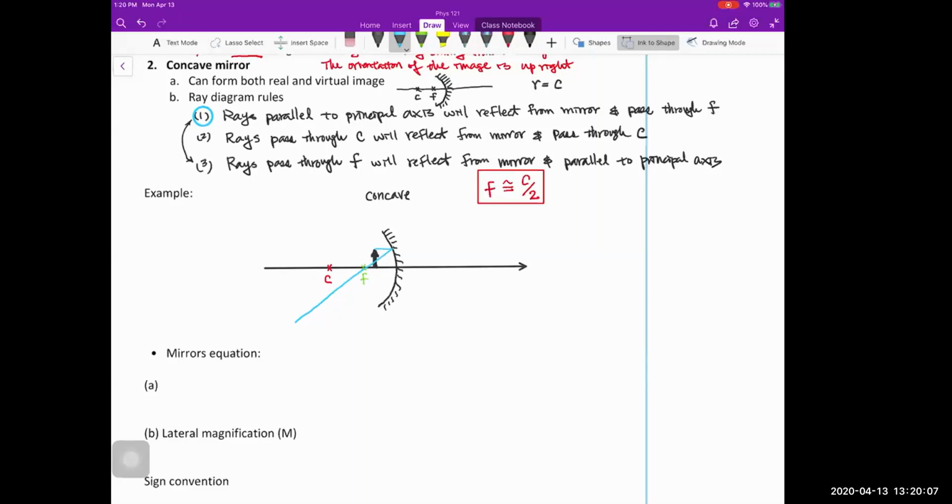That's rule number 1. Rule number 2, the ray that passes through the C will reflect from the mirror. So the light ray of this one here is going to be the light coming through the C. This one here will bounce back.